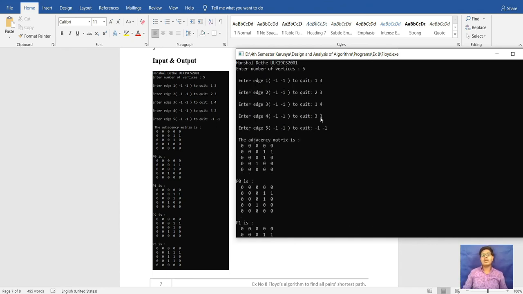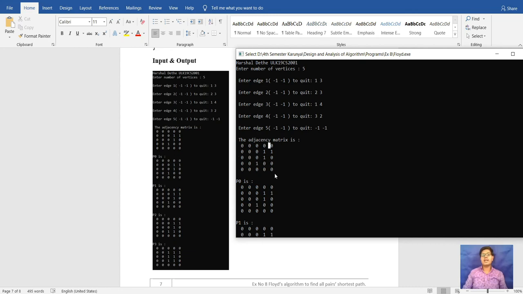After that it will print the adjacency matrix. So here is 5, 1 2 3 4 5, 1 2 3 4 5, and it will show here 1 1 1 1.